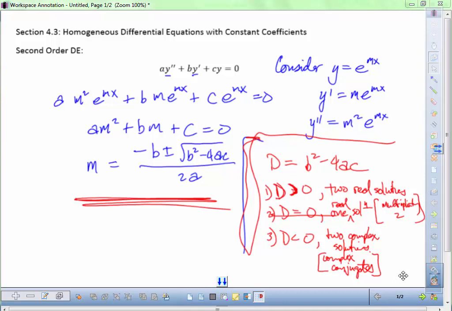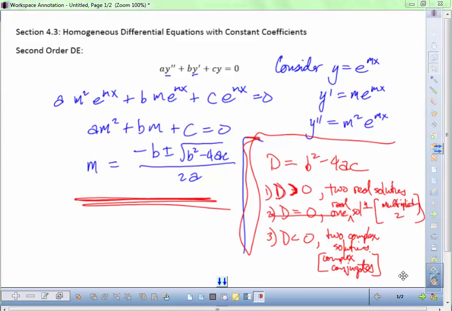From last time, we're working with homogeneous differential equations with constant coefficients. And we said that we would let e to the mx be a solution, and then we found out that for second order differential equations, this turns out to be just a quadratic equation problem.